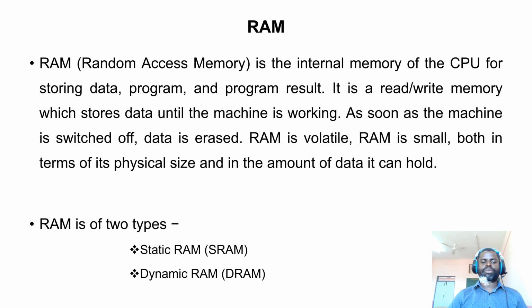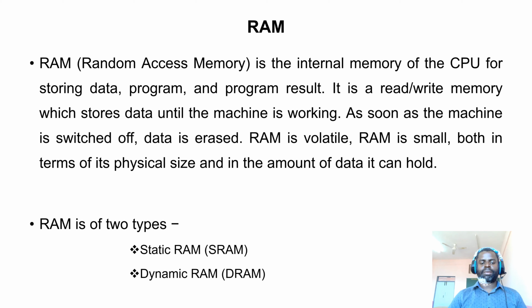And sometimes RAM is called primary memory also. As soon as the machine is switched off, data is erased. RAM is volatile. RAM is small both in terms of physical size and in terms of the amount of data it can hold.